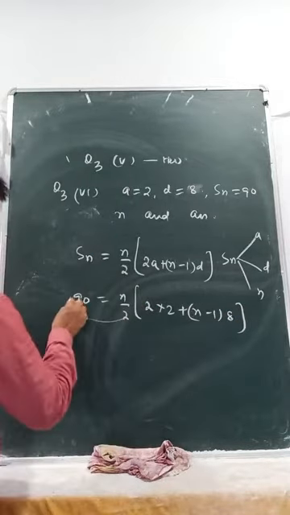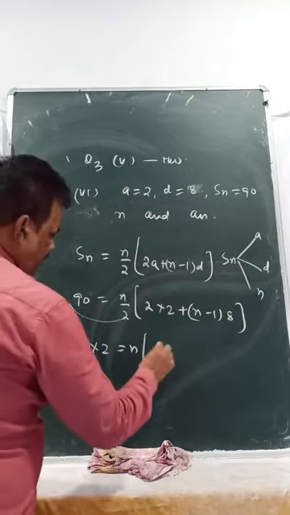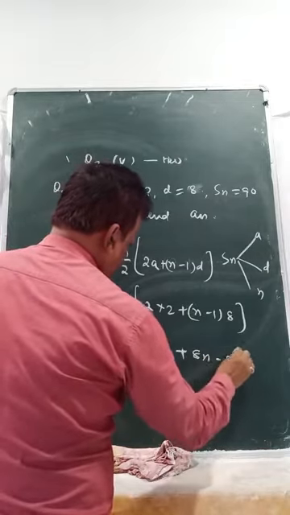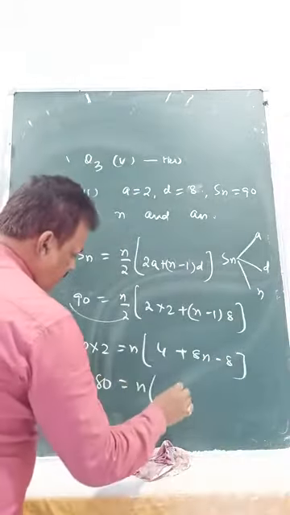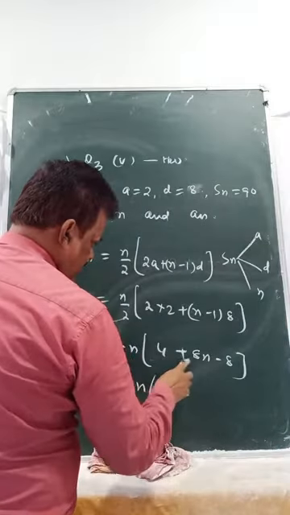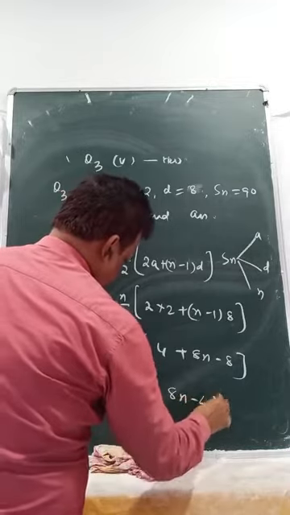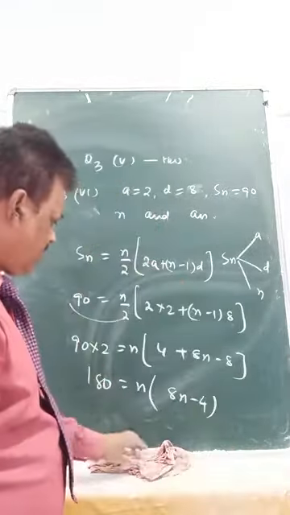This 2 you can bring here. 90 into 2, N into 4 plus 8N minus 8. So 180 equals N into (8N minus 4). So it will be a quadratic equation in N. We have to solve it here.